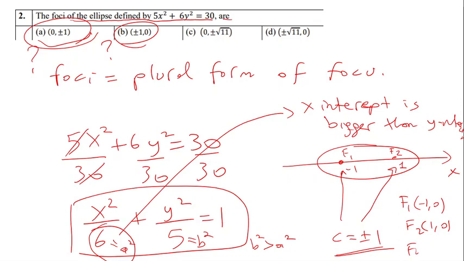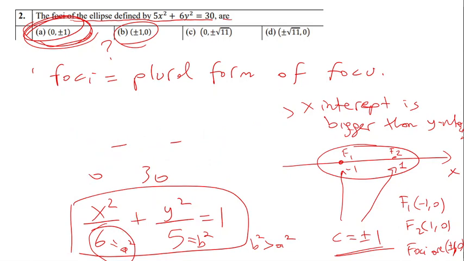So you say foci are (plus or minus 1, 0), so it has to be the first one. After you find c, you check which one is bigger, the number under x or the number under y. If the number under x is bigger, it means the focus will be on the x-axis.